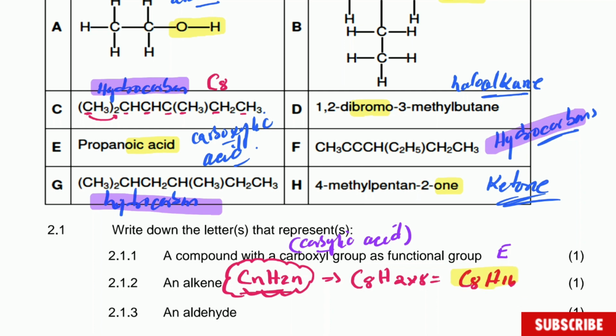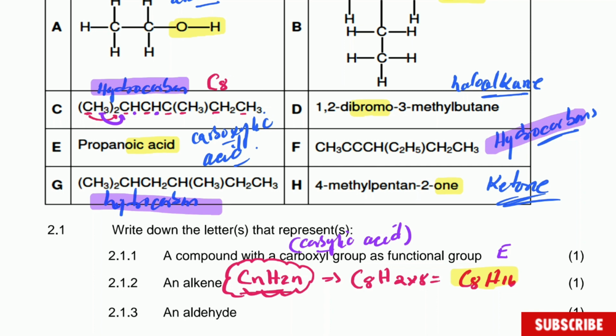So in other words, if you have 8 carbons, you should have 16 hydrogens. So let's go back to the formula and count the number of hydrogens we have. And be careful because it could be tricky. For instance, hydrogen, we have 3 at the beginning here, but we have a 2 outside in the bracket. So in other words, 3 times 2, which is 6, 7, 8. 8 plus 3 is 11, 12 and 13, 14, 15, and 16.